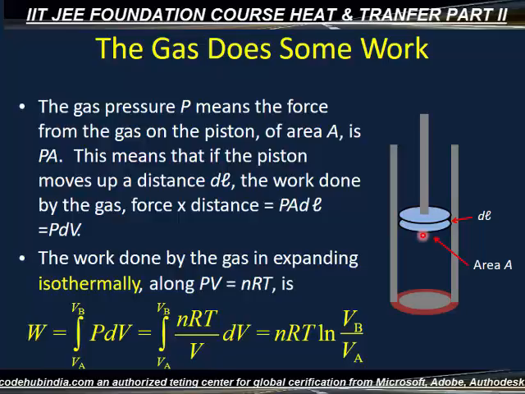Then how do we measure work? I told you earlier, the measurement of work is the change in volume. If we consider a small change in volume, that is dV, and suppose VA was the initial volume and the final volume is VB, and you add it all up, then you will get the total work done.